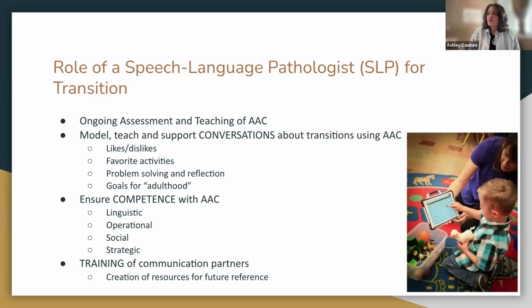It's the speech pathologist's role to focus and model and teach students as they're developing language and proficiency using alternative communication tools, to understand the language about growing older and transition and adulthood, and making sure that their tools have the vocabulary on them that we're able to use to engage with them about these conversations.